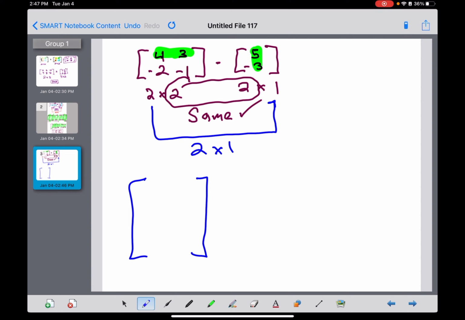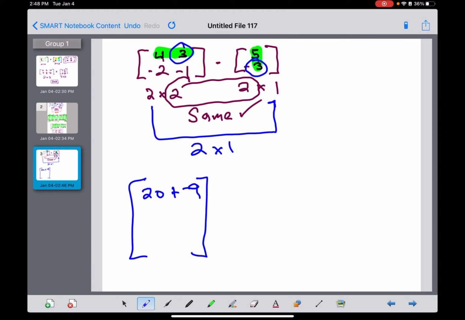4 times 5, so first element times first element. 4 times 5 is 20, plus second element times second element. -9, right? So we've got 20 plus -9. Now there's nowhere else I can go. I can't move to other columns, right?